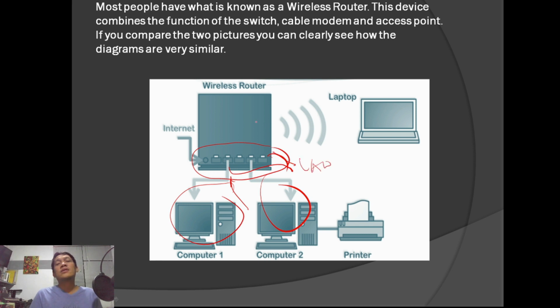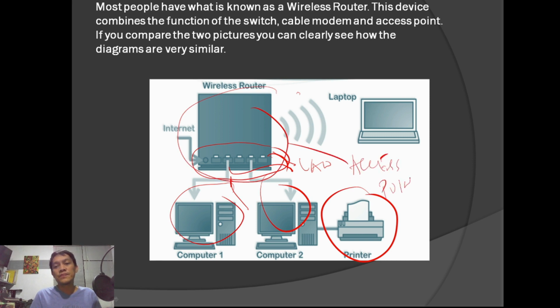So you have your LAN. Then you have the shared resource. Then your wireless router acts as your access point, and your wireless network devices connect to the wireless router. Those are the simple LAN implementations. Okay?